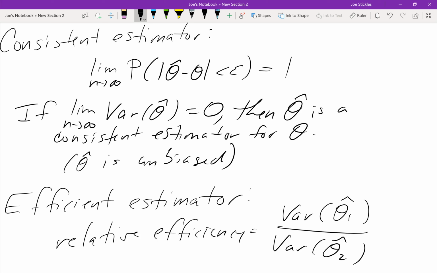If I ask you about two estimators and ask which one is more efficient, you want to calculate the variance of the two and see which one is smaller. The smaller one is the more efficient one, or you can calculate that ratio. Again, you want the two estimators to be unbiased.